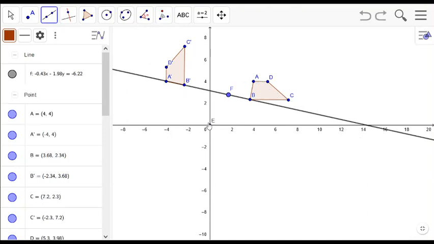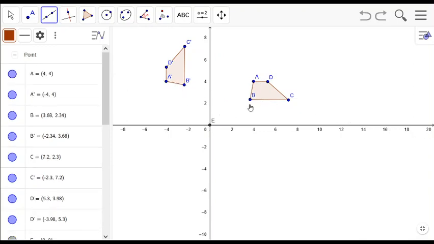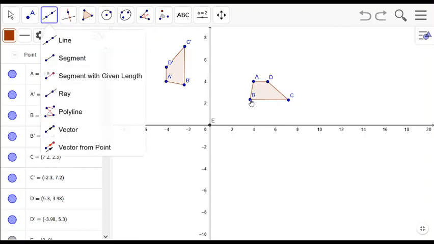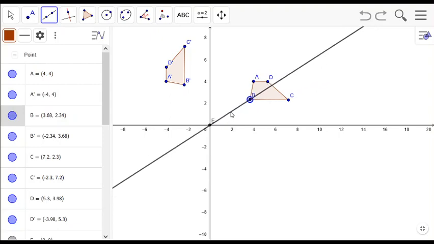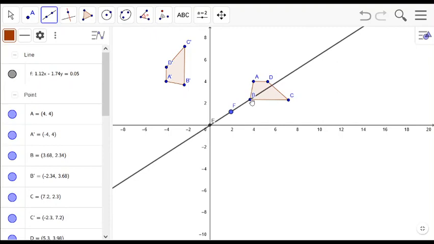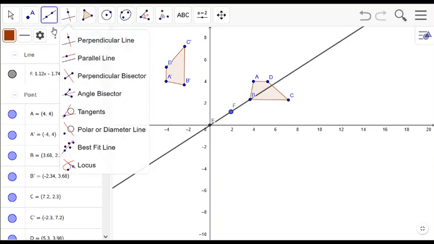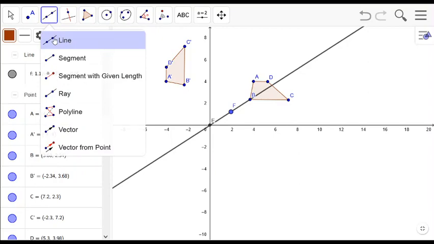So that is it. But I want to show you that if you want to know the center and the angle of rotation, we usually join a line to the center. That is from B to the center, and I can use it again from E to the center.